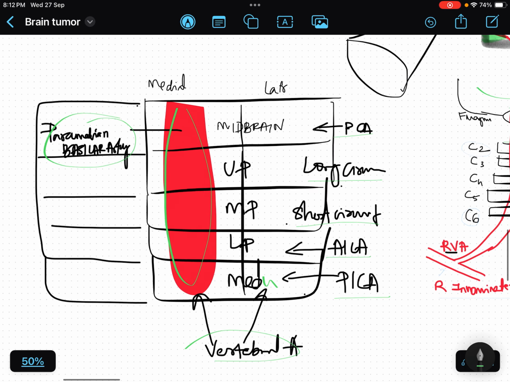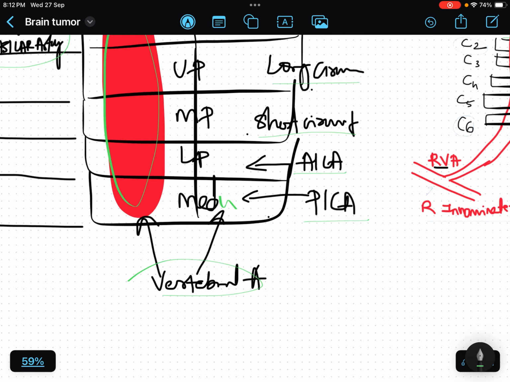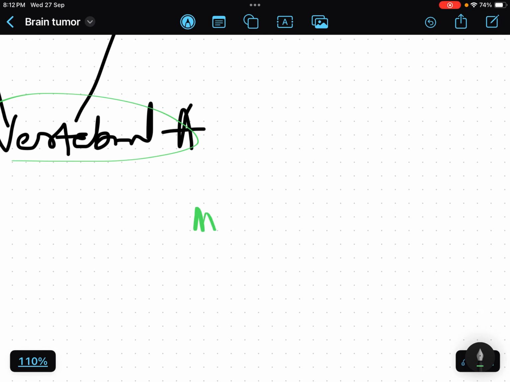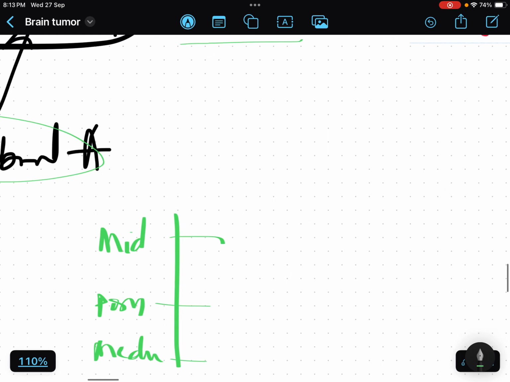The important thing is occlusion of which artery leads to which syndrome; they will ask. Let us recall the brainstem syndromes. We have medulla, midbrain, pons and medulla. So they will ask which artery is affected.